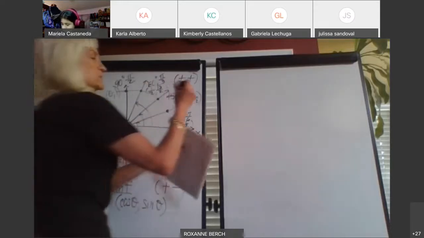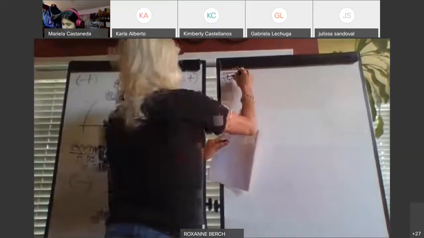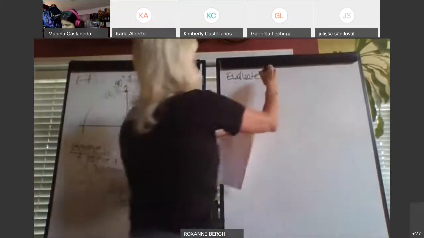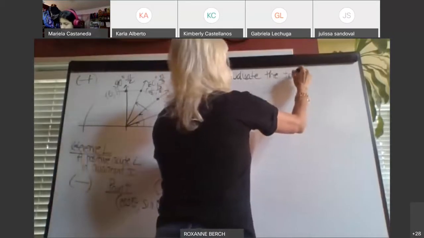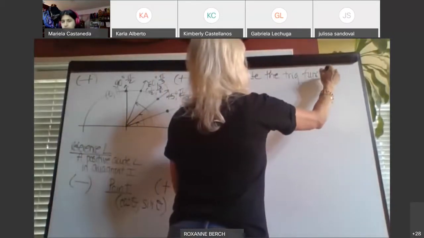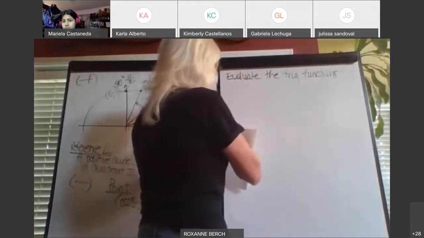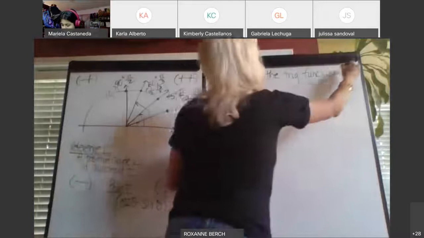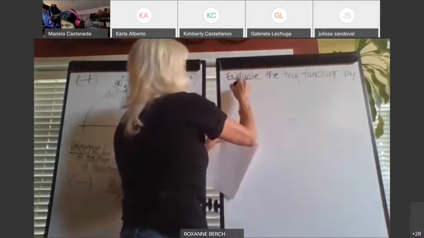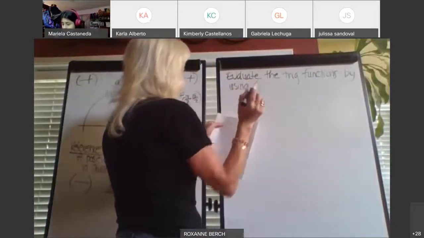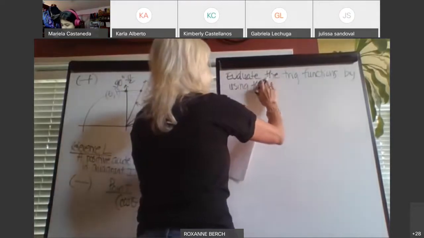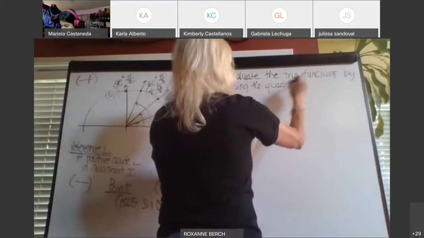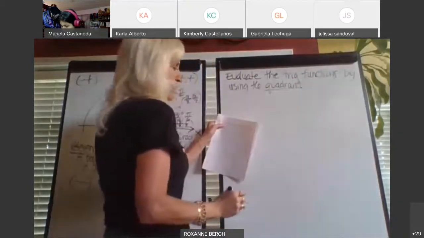So what we want to evaluate, which means find a number, the trig functions, by using, this is what it says in your book, the quadrant and the reference angle.